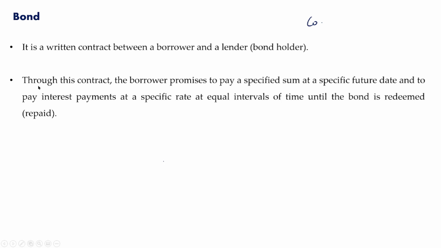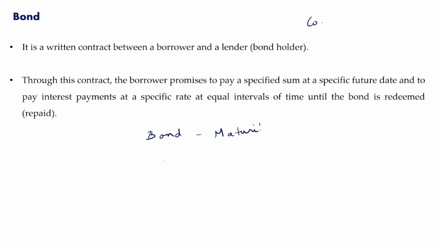Now we will see what happens because of this contract. Through this contract, the borrower promises to pay a specified sum at a specific future date, and to pay interest payments at a specific rate at equal intervals of time until the bond is redeemed. The specified sum will be paid on the maturity date.